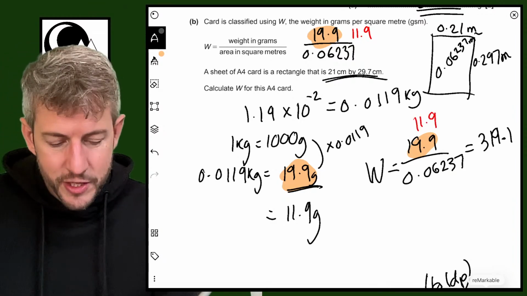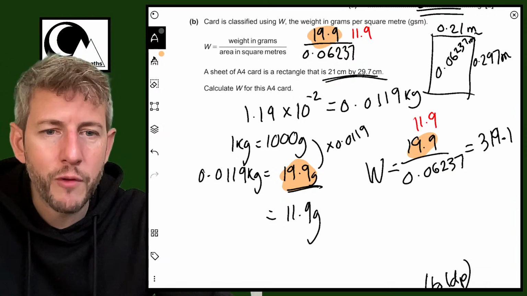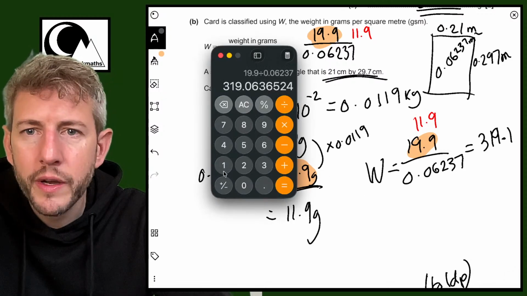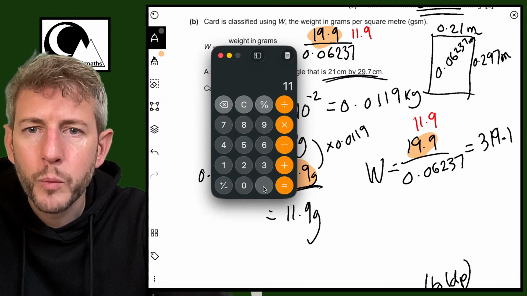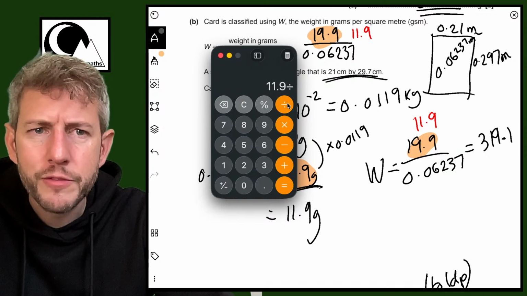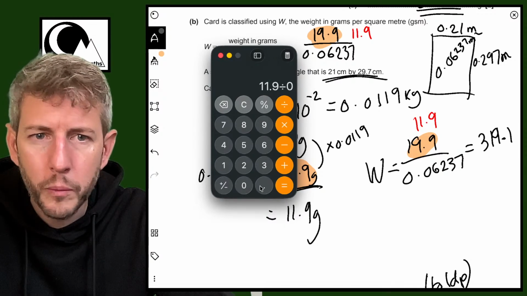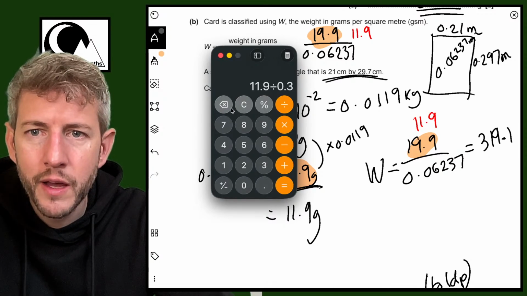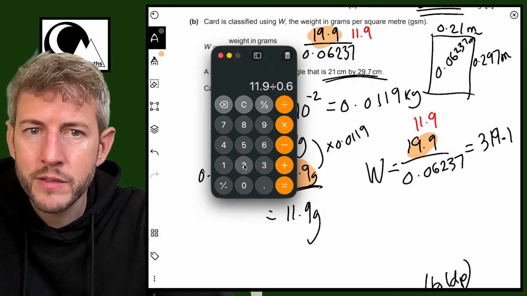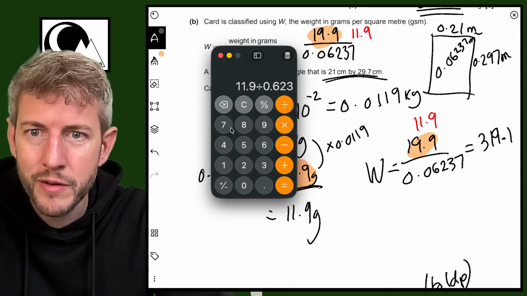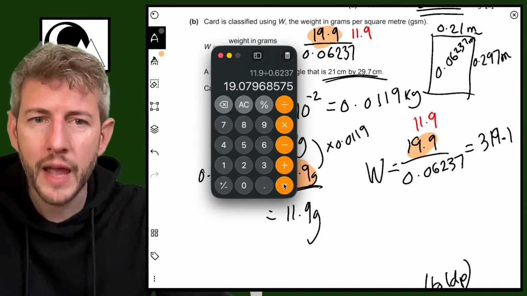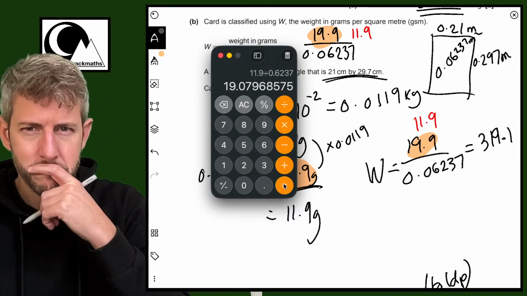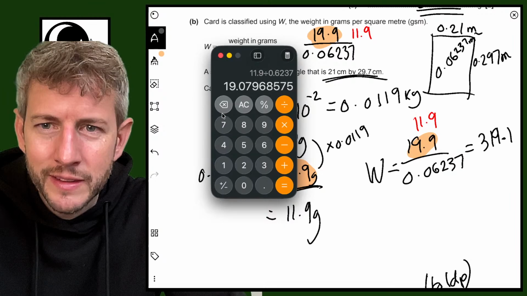So let's then do it again to check that we've got that right. 11.9 divided by 0.6237, and that should, oh no, one second, I've gone wrong again.